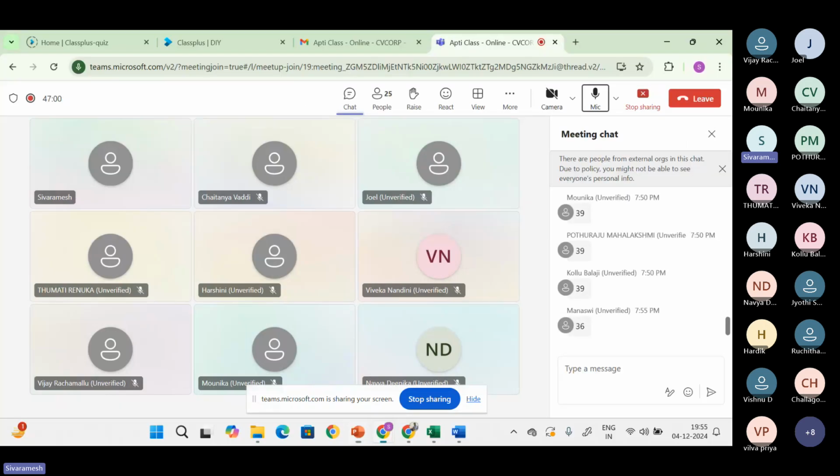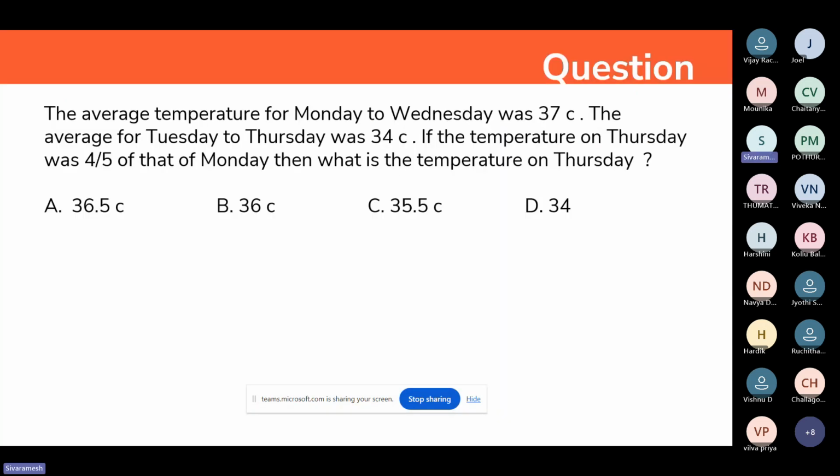Let me check whether anybody posted or not. Yes. Already Manasvi posted it as 36. Okay. Very good. I think it's already been 1 minute. I think many students got stuck in this particular condition. Almost everything looks similar to the previous one, but only here the condition got changed.